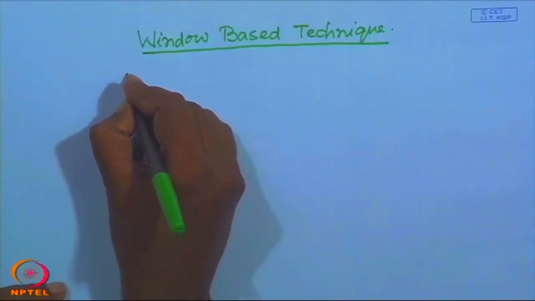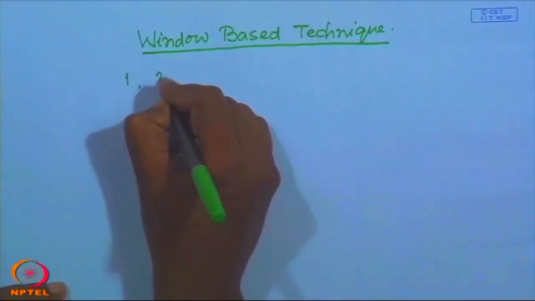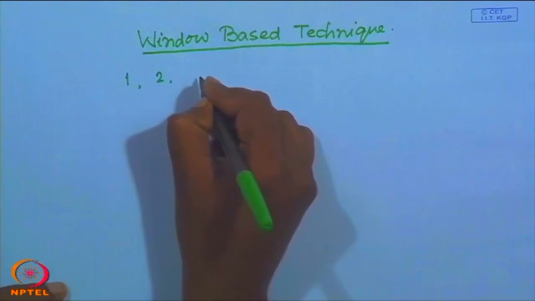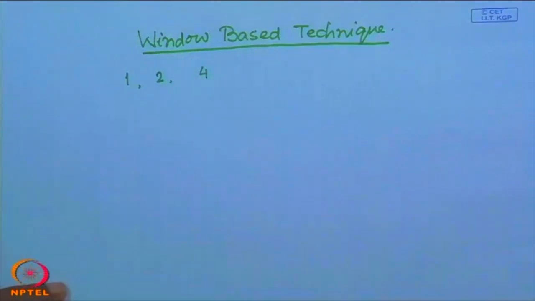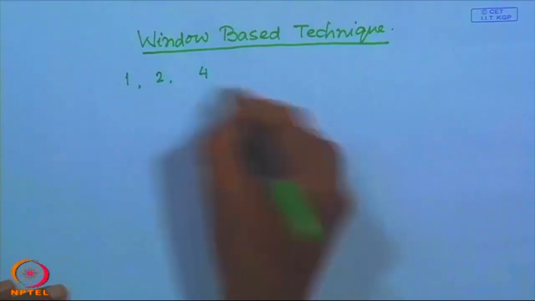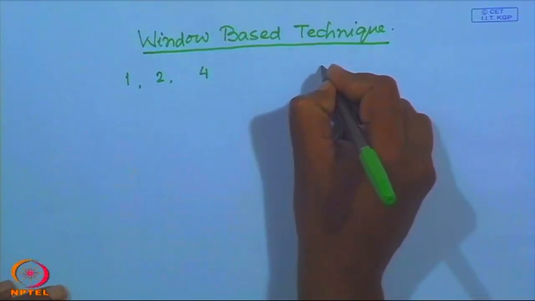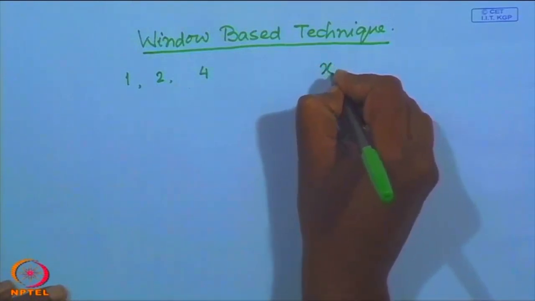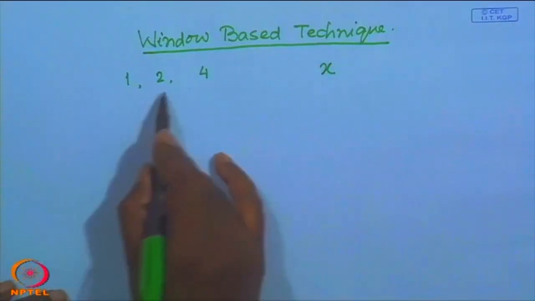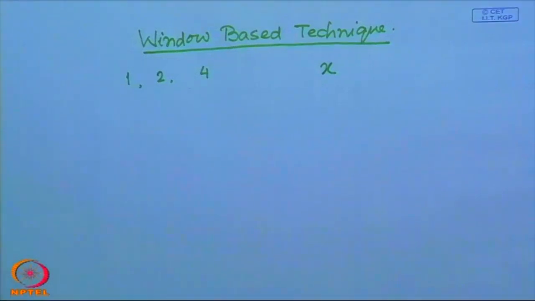So, let us assume that we have only 3 samples, 1, 2 and say 4. So, these are the 3 samples that we have. Obviously, in this case we are assuming that we have a scalar variable x and these are 3 samples of the scalar variable.